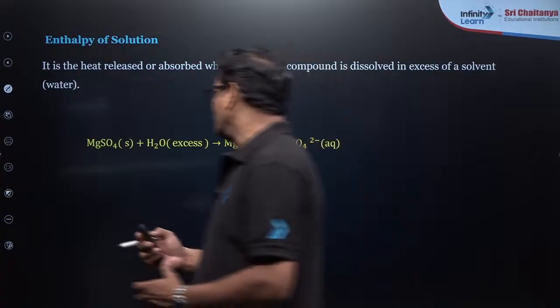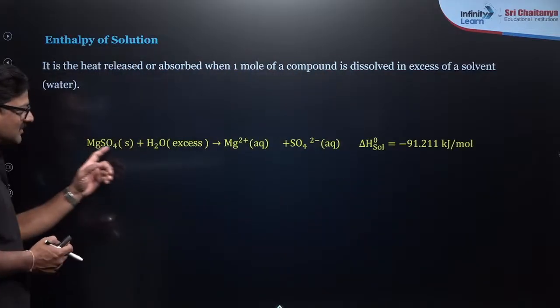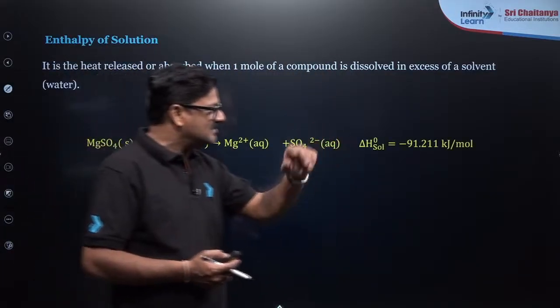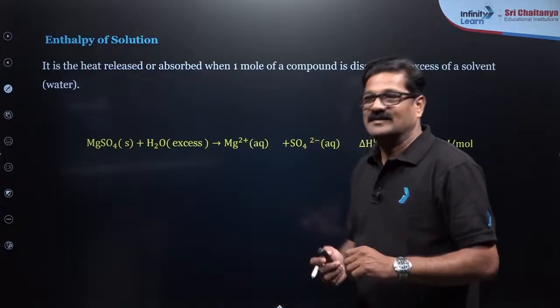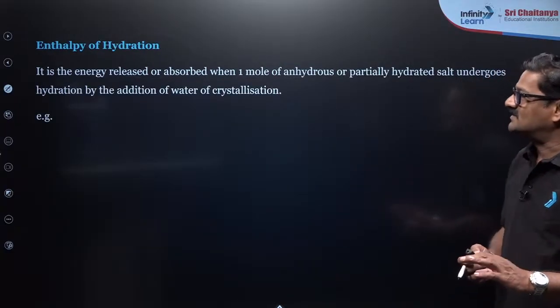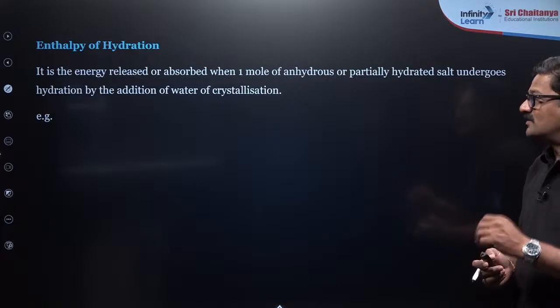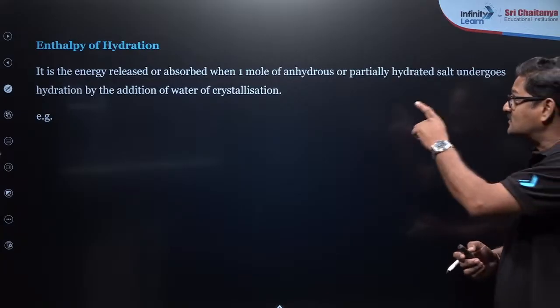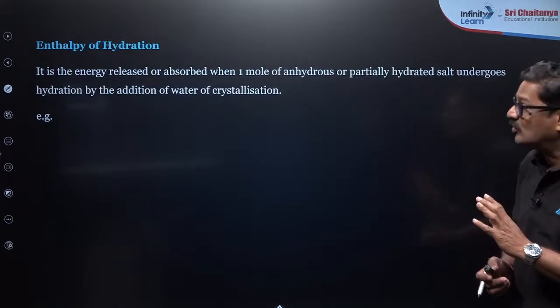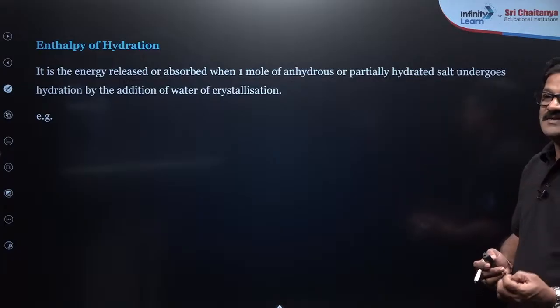Now, in this case, the enthalpy of solution you are going to see is minus 91.211. Similarly, various examples are there. Enthalpy of hydration is the energy released or absorbed when 1 mole of an anhydrous or partially hydrated salt undergoes hydration.